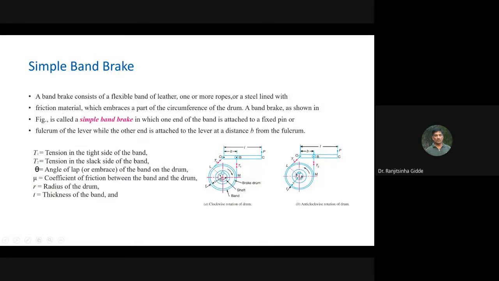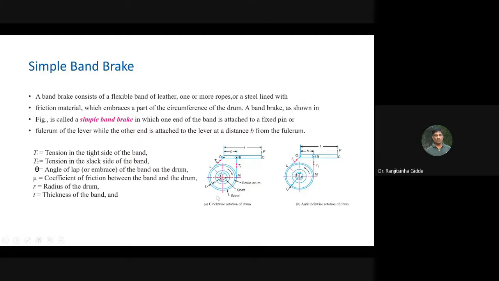Now this is about the important things with respect to the brake. My request to all the students is that they should study all the MCQs along with the notes.